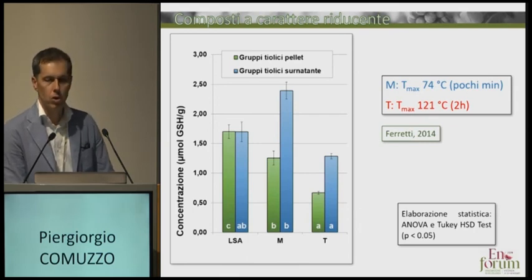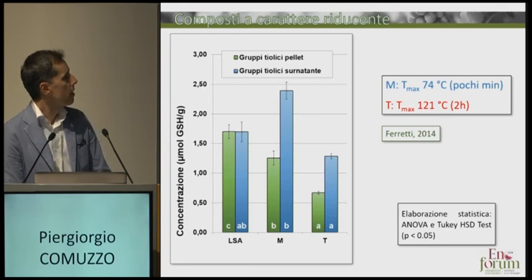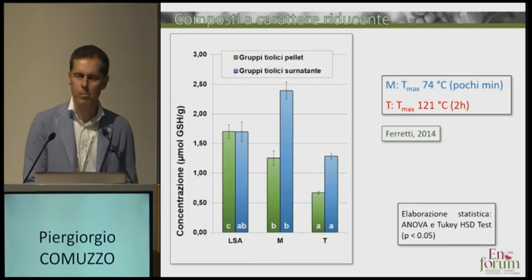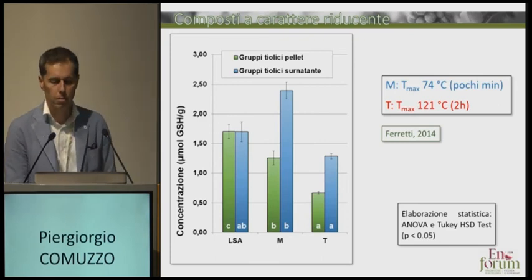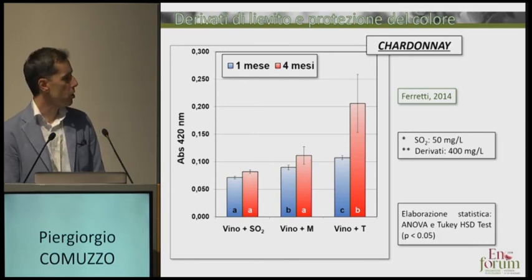You can see how, if you consider the thiol groups that are linked to the pellet, and those that are soluble, the mechanical autolysis enables us to have higher quantities of these substances than the thermally obtained compound.